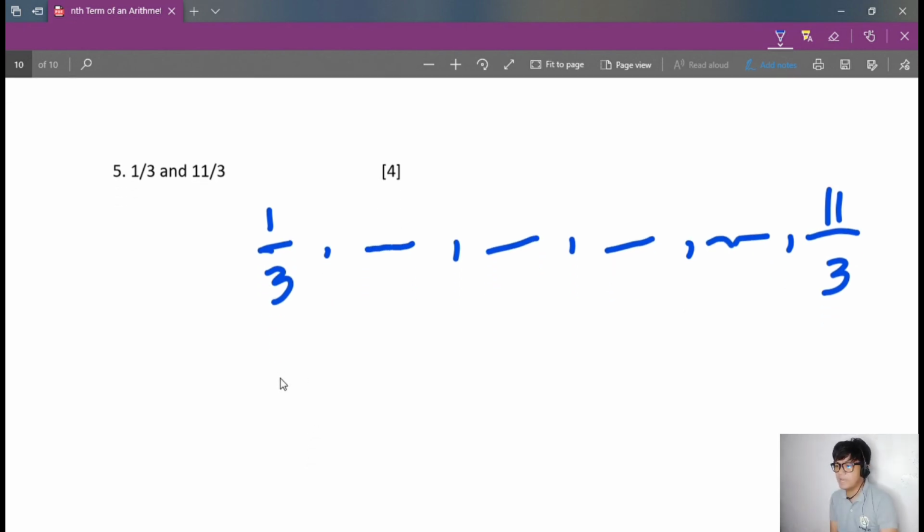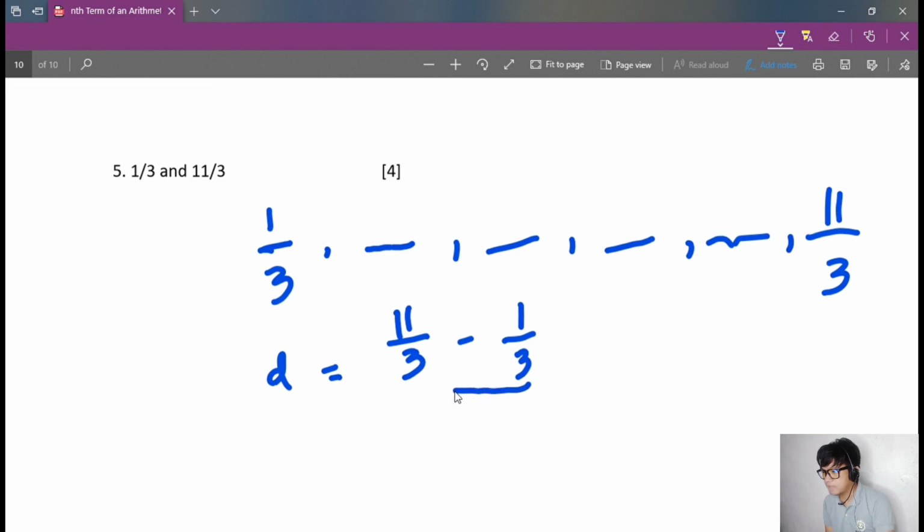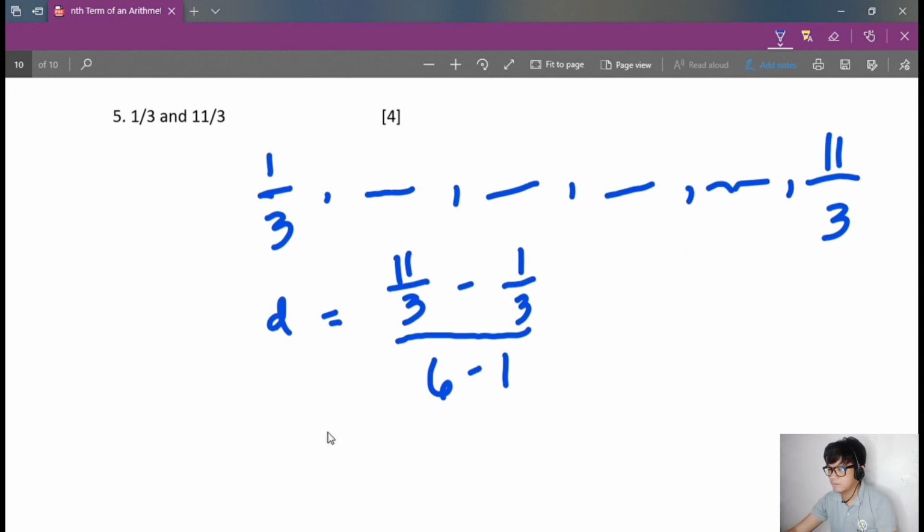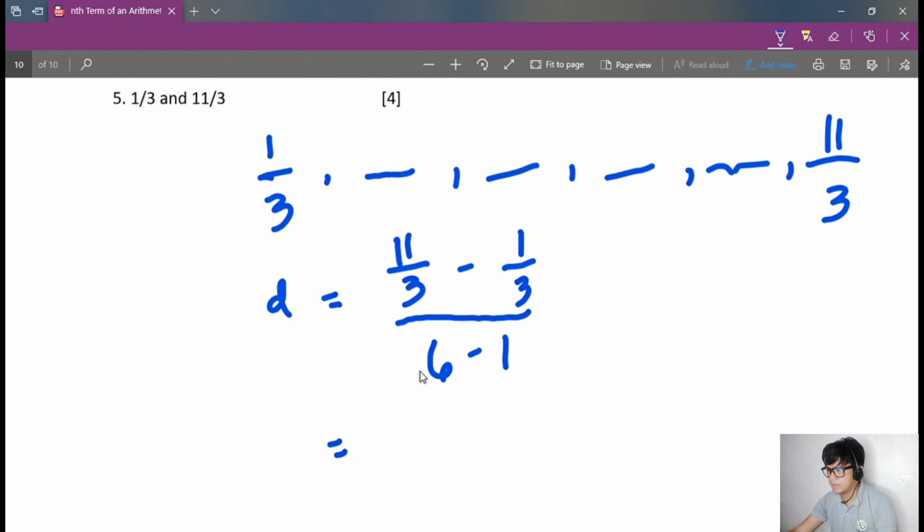The common difference D is equal to A sub n, which is 11 over 3, minus the first term, 1 over 3, divided by n. How many terms do we have? 1, 2, 3, 4, 5, 6. So 6 minus 1.